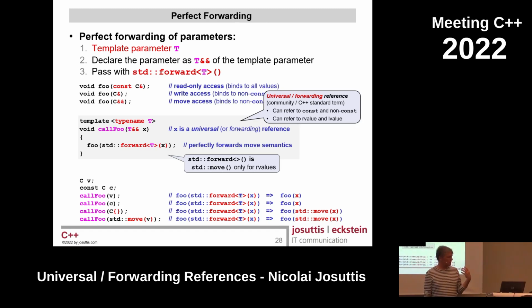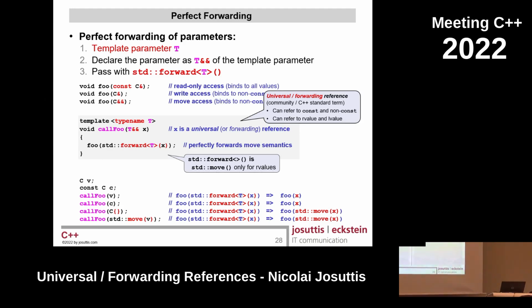Because the point is, you not only need it for perfect forwarding. That is one use case of what you see here. The use case here is you have a universal reference, and with forward, you forward something.